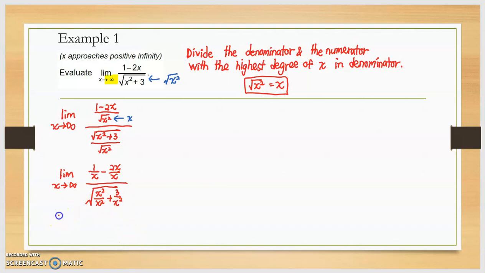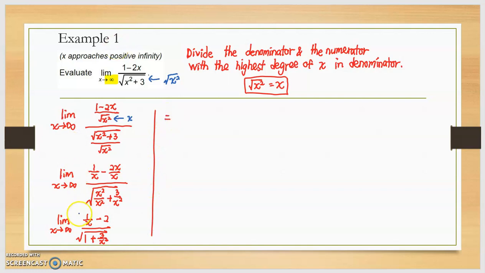Next, I try to simplify. Limit as x approaches infinity, here 1 over x minus 2 over the square root of x squared divided by x squared is 1 plus 3 over x squared. Next we will substitute the infinity.